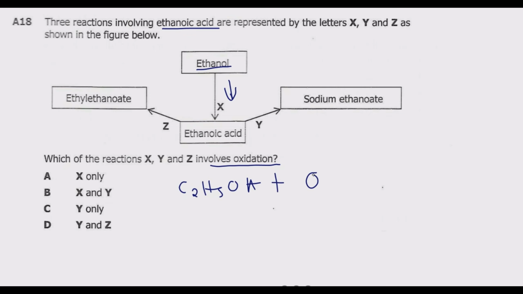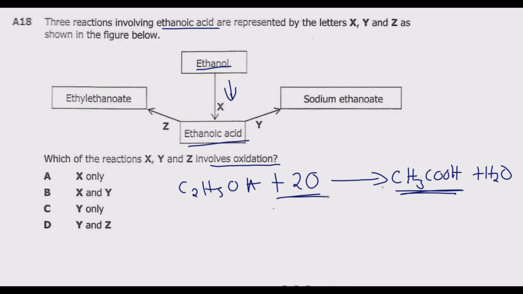Then we react it with oxygen, using a catalyst to carry out the oxidation. We are going to get this acid plus steam, which is water. So this is how we are getting to ethanoic acid. In this process we are adding oxygen. That's oxidation. So you notice that at X there is oxidation.